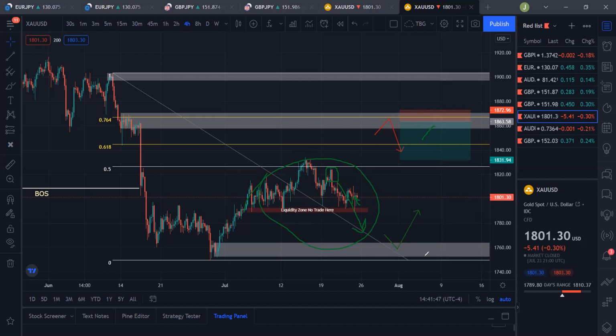If price breaks down, we're going to look for some buys right down at this area right here. However, if you're going to buy there, we're not going to look for any crazy buy, 2 to 1, 3 to 1 at the most, and nothing crazy with this XAU USD gold trade.